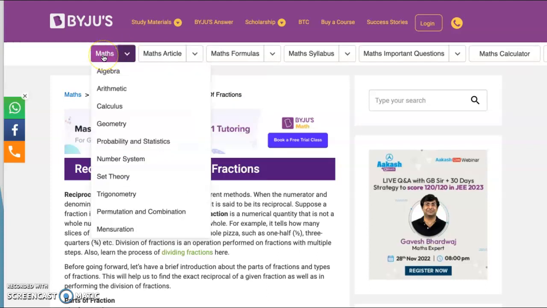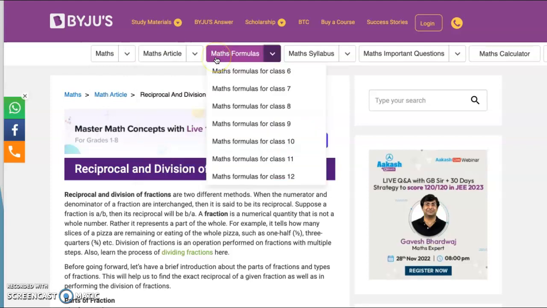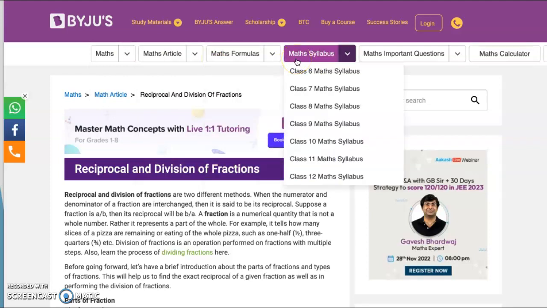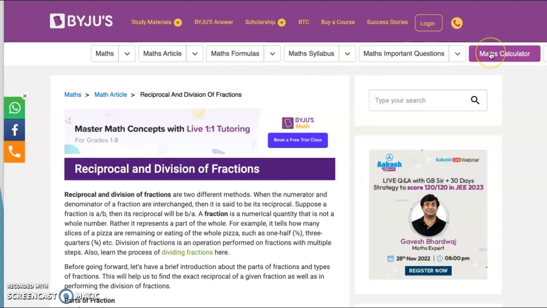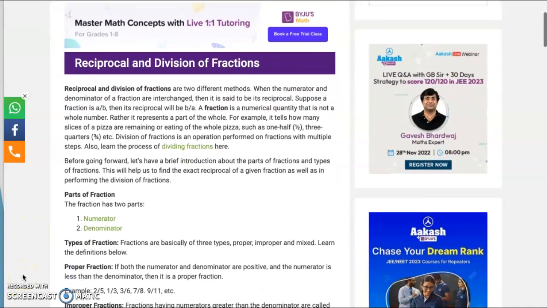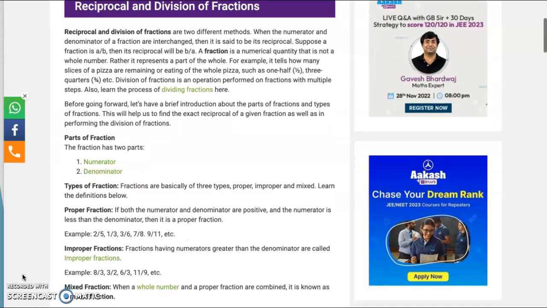There are different types of math articles, math formulas, math syllabus, important questions to ask, and math calculators as well. So this one's chock full of different information. Let's scroll down. It's talking about reciprocal and division of fractions, and one of the really great things about this website is that it's highlighting your math vocabulary.